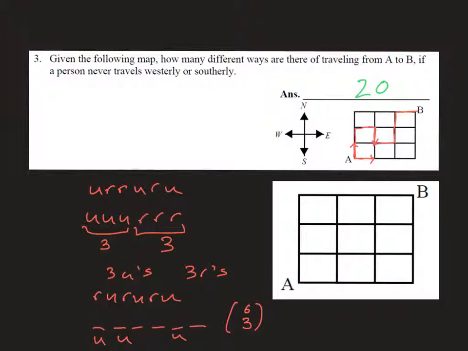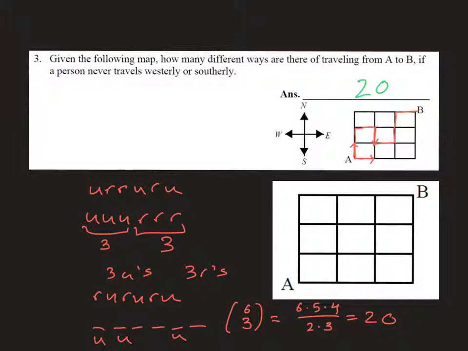If you don't know what choose is, you should check out one of my other videos on the binomial theorem and what n choose m is. 6 choose 3 gives you the number of ways to choose 3 of the 6 spots to put the U's in, and then the rest have to be filled by R's anyway. This would be 6 times 5 times 4 over 3 times 2, and that's equal to 20.